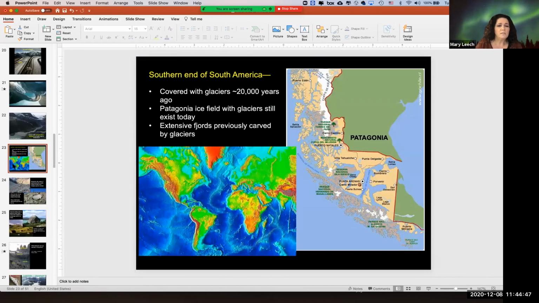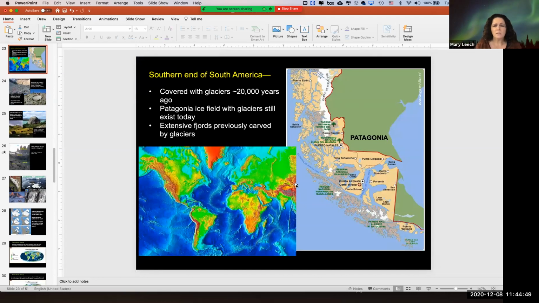Okay. All this happened, and we have evidence of this in South America. There's this beautiful place that I haven't been to, and I want to go badly. Oh, what's its name again? Torres del Paine. My Spanish is probably not great. This is gorgeous.